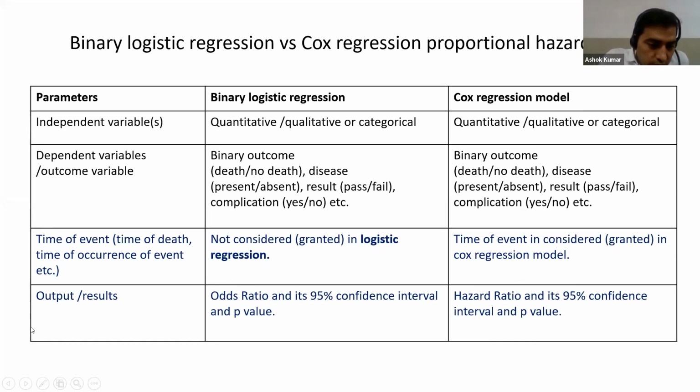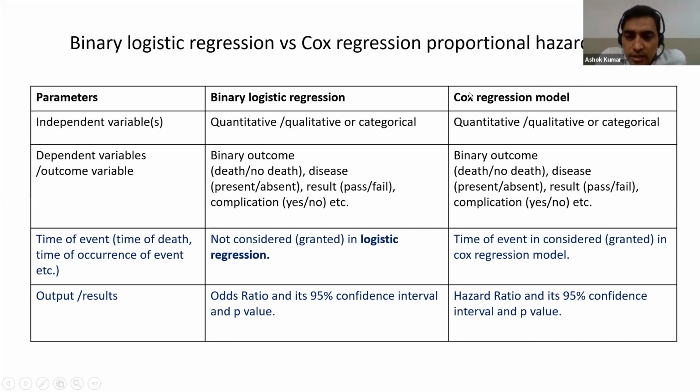And now output and result: odds ratio, its 95% confidence interval and p-value you can get if you are using binary logistic regression. But if you are using the Cox regression model with the time of event, you will get hazards ratio, 95% confidence interval and p-value.